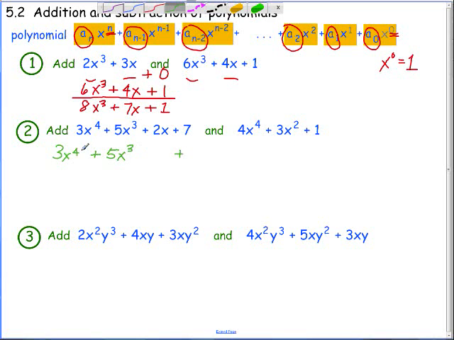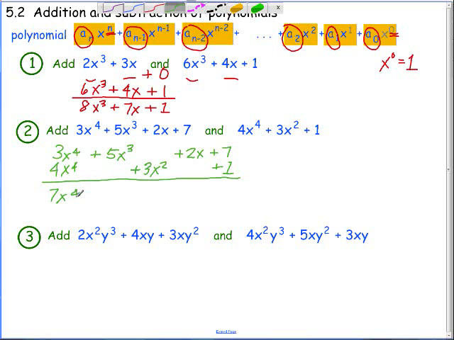And I'm going to go from 4, 3, 2, which I don't have here, to a power of 1, to a power of 0. This one I'm going to line up underneath it, x to the 4th. And I don't have a power of 3 here, but I do have this one we've been looking at, and a plus 1. So what I've done, I have organized these as I set up my addition. And of course I've got 7 of these.